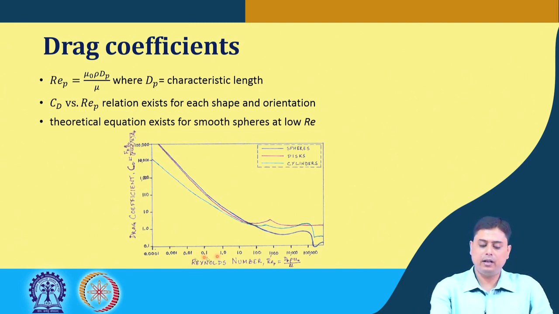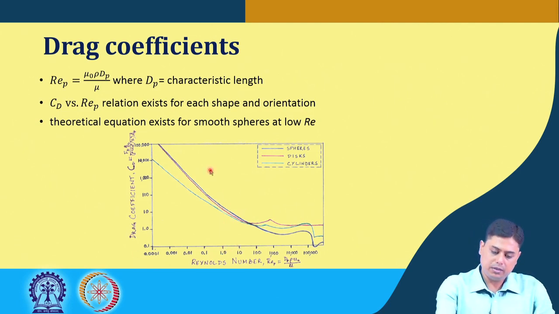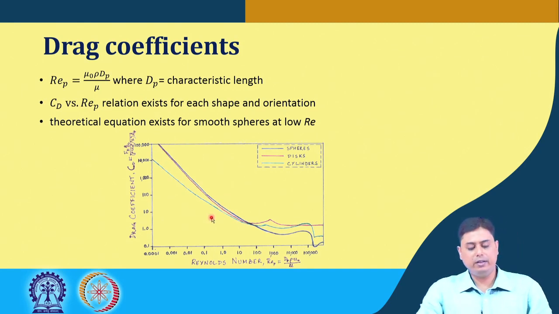These are plotted in logarithmic axes. We can see how complicated this relation can be for the sphere, the disc as well as the cylinder, but before a certain value of Reynolds number, it is well defined for these particular shapes.